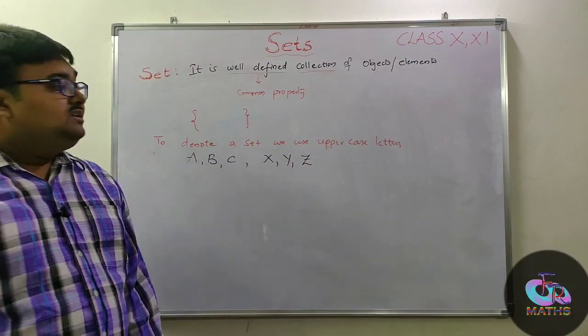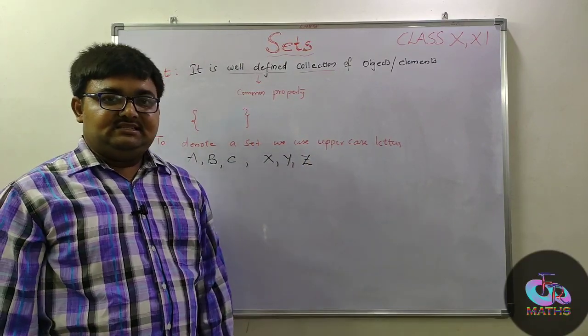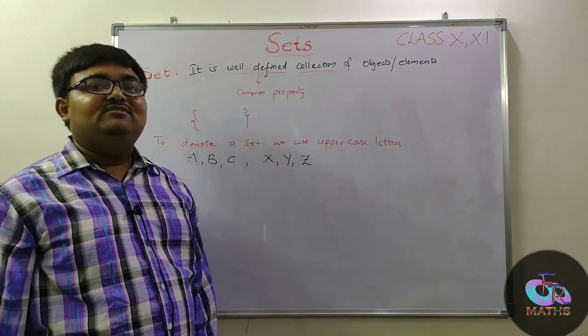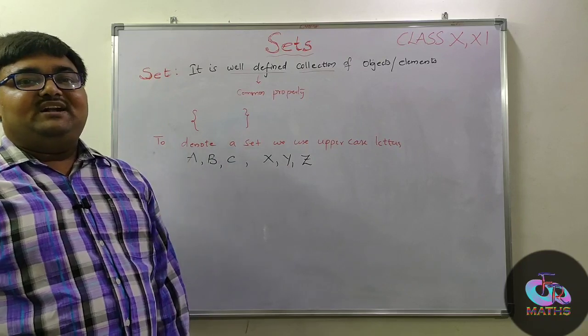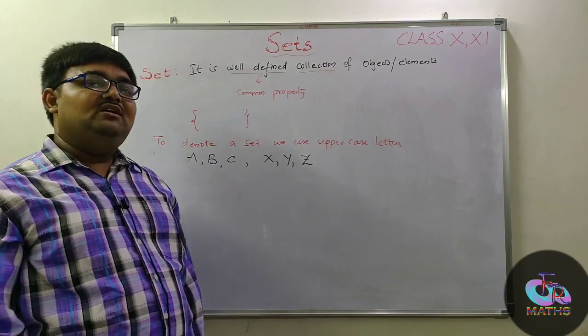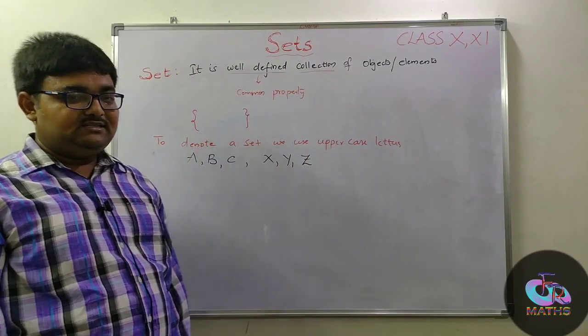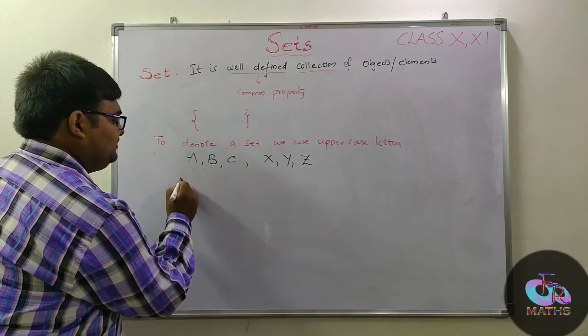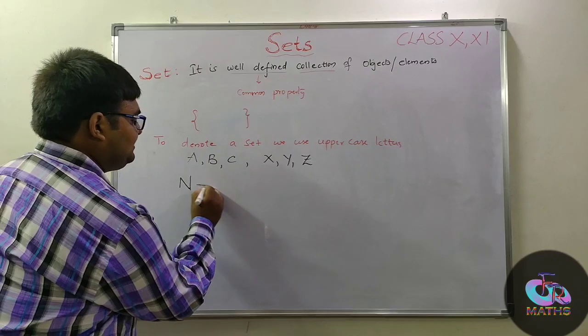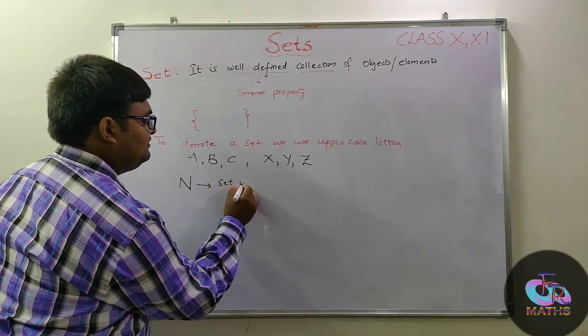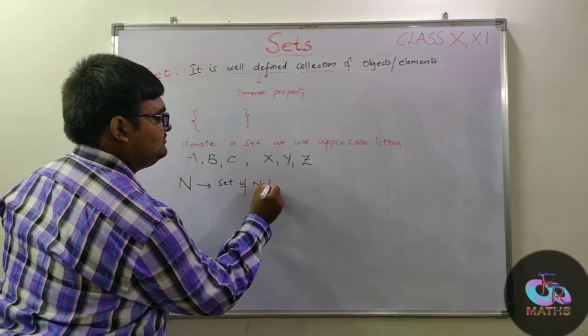Likewise, in your previous classes you have already learnt about natural numbers. In our mathematics we have different types of sets which you have already learnt in earlier classes. So what are those? N, you are already familiar with this. This is nothing but the set of natural numbers.